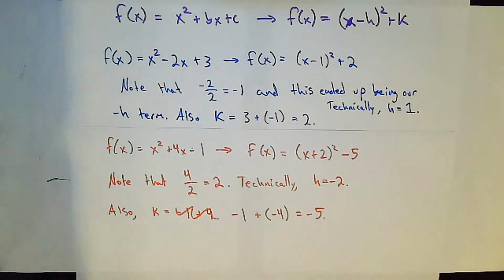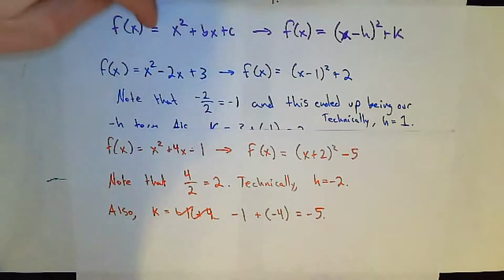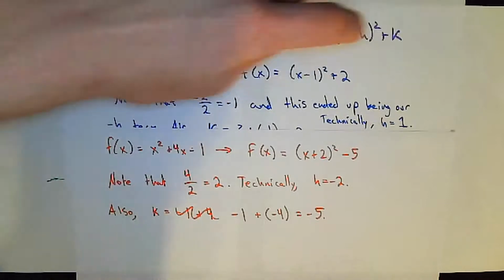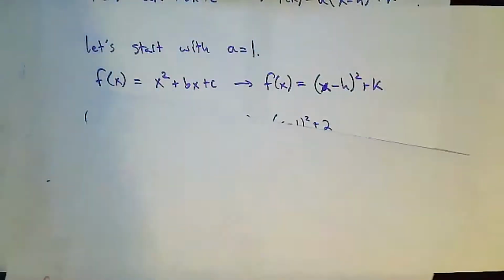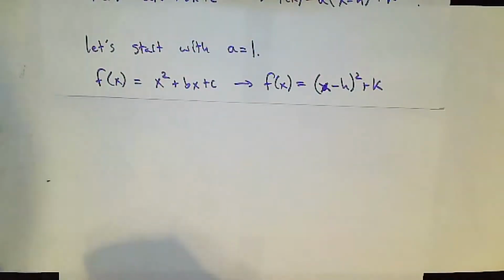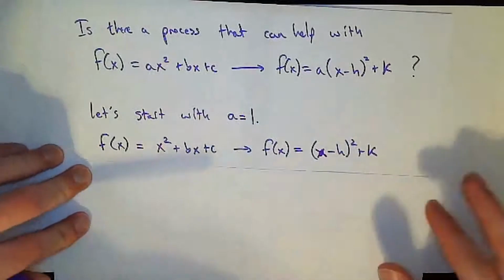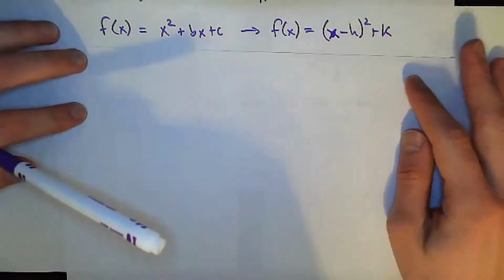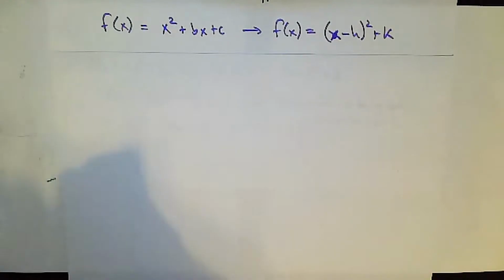Let's see if we can write down some generic rule in terms of these letters, b and c, and then h and k. Because I said the question was, is there a process that can get us there? And the answer is going to be yes, and we are first investigating where a is equal to 1.